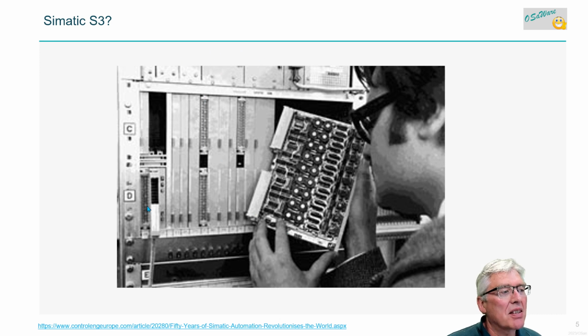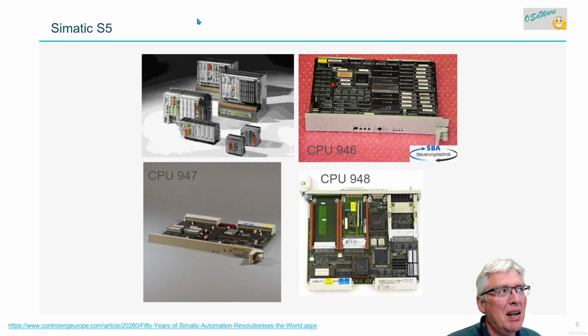I think this is SIMATIC S3. There's a link down here where I found this. I don't know what kind of modules there are, capacitors, or coils. Whatever, this is probably an I/O module of some sort. And after SIMATIC S3, they moved to SIMATIC S5, where they changed completely.